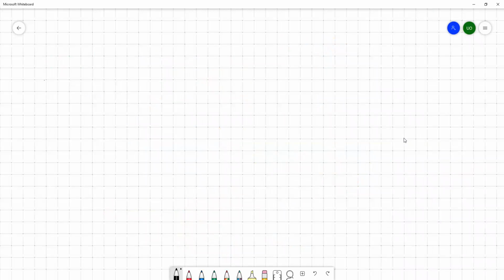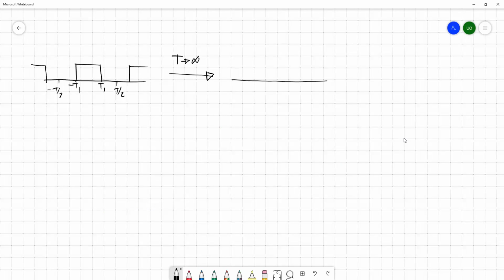We have this kind of function. Once this T goes to infinity, it means this periodic function converges to this kind of a pulse.